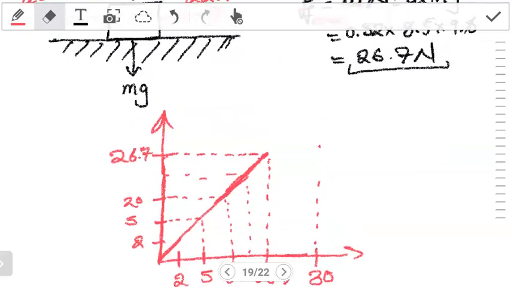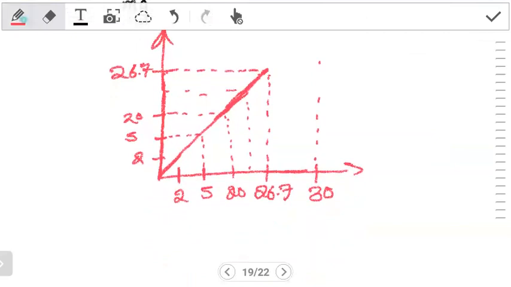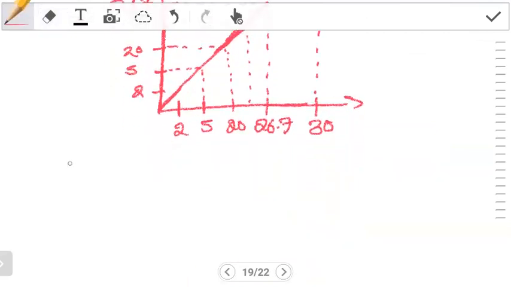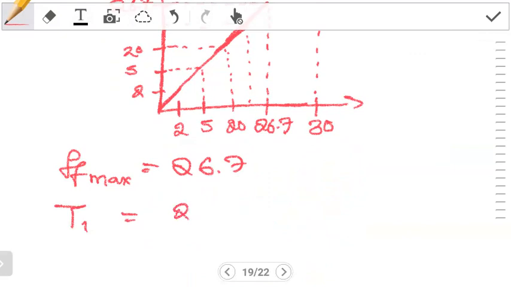So in this case, the question was to find the frictional force the body experiences. What we found is the frictional force max, the maximum frictional force, 26.7. But the applied force, T1, was 22.1. So in this case, try to think about it. Try to decide.